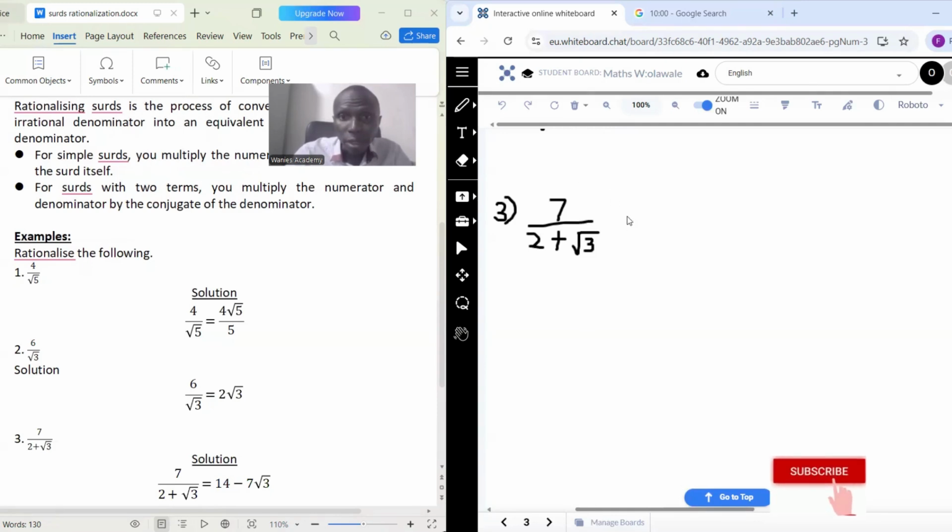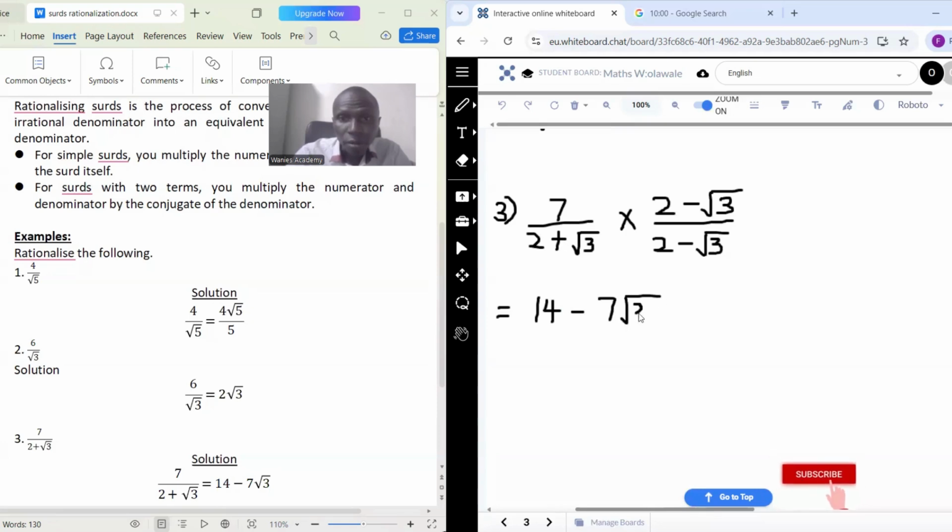The conjugate here is just for you to change the sign, that is 2 minus root 3. Then you multiply the denominator also by 2 minus square root of 3. So now we multiply the numerator: 7 times 2 gives us 14, and 7 times minus root 3 will be minus 7 square root of 3.